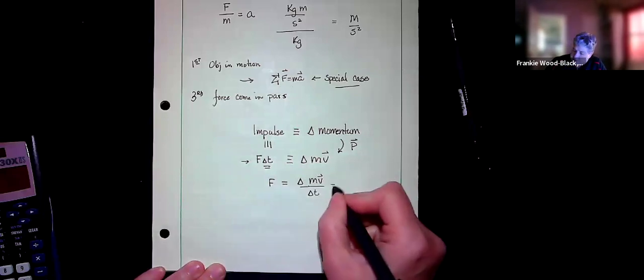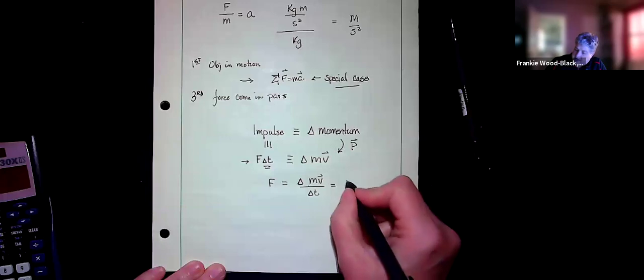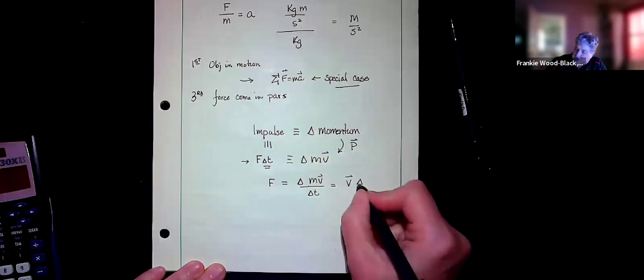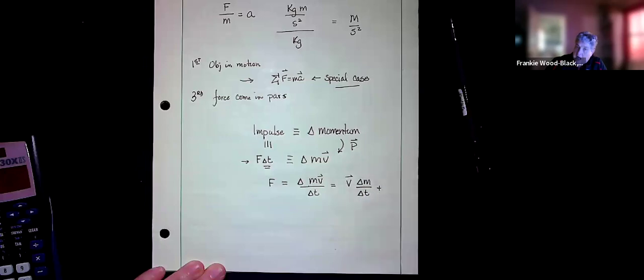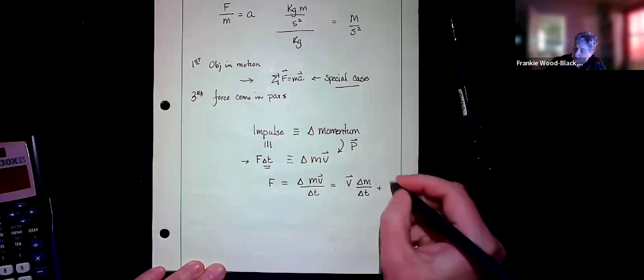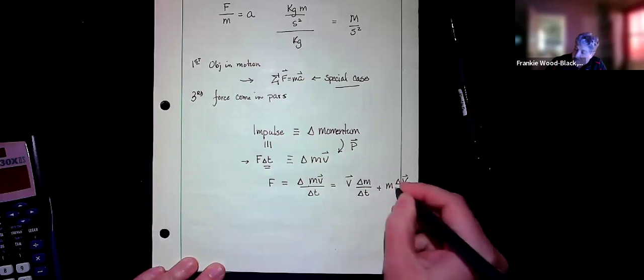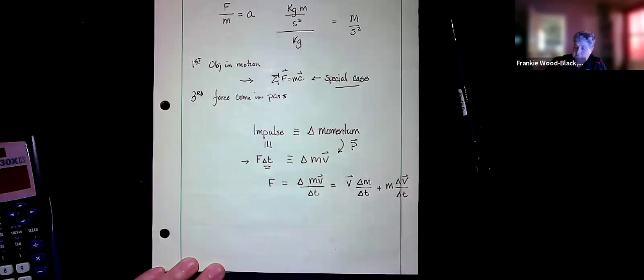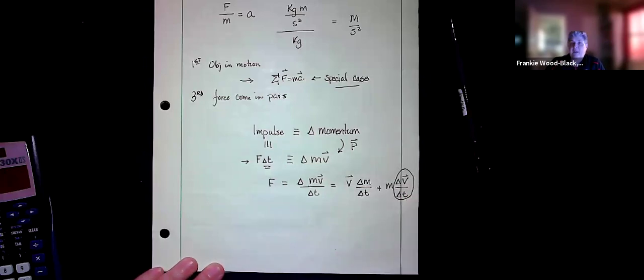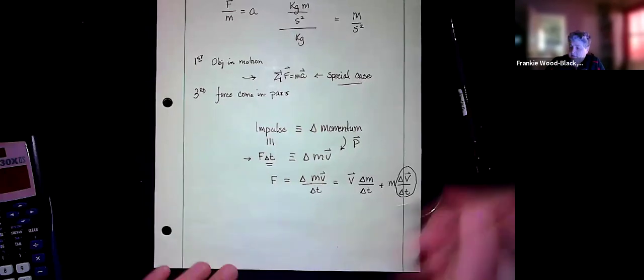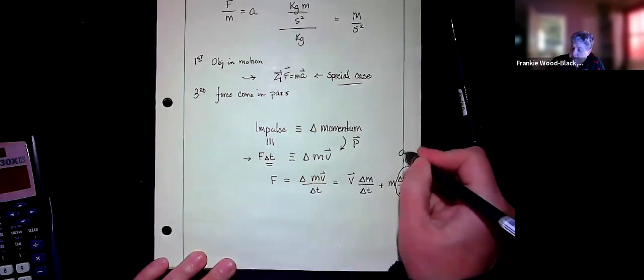Well, my math trick says if I do this, I can have velocity times the change in mass over a change in time plus my mass times my change in velocity over a change in time. Well, we know what that is. We've been spending the last 7 weeks knowing exactly what that is, and that's acceleration.